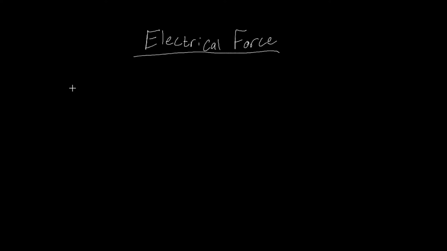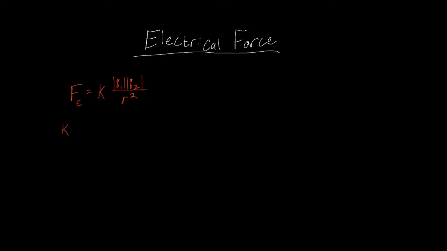After many, many years, scientists have discovered that the electrical force is equal to K times Q1 times Q2 all over R squared. K is actually a constant that scientists have discovered.